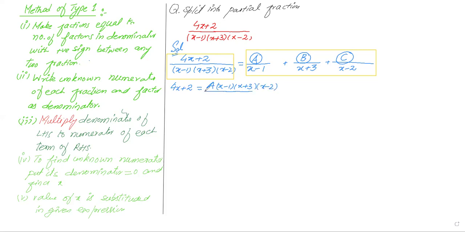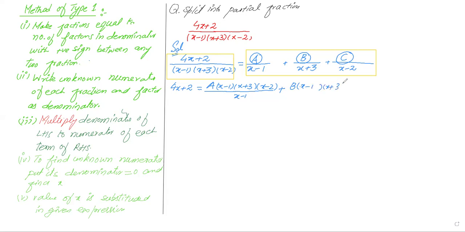So I will get divided by x minus 1. Now the same denominator is multiplying on the right hand side. This means the denominator will multiply by each term on the right hand side. Each term means each fraction, and each fraction means each numerator of a given fraction.